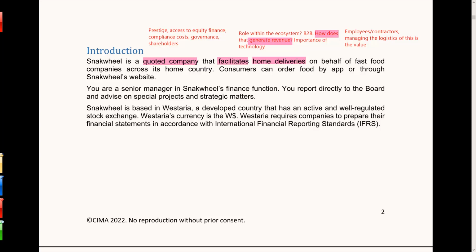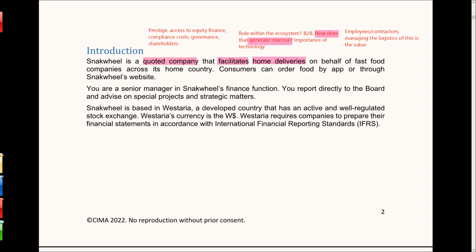But on top of that, there is also simply managing the logistics of this. That, as I've said, is the value that Snakwheel is bringing to the industry here. Taking three separate elements, the fast food restaurants, the delivery drivers, and the consumers, and bringing them all together with their technology. The technology is the key here.